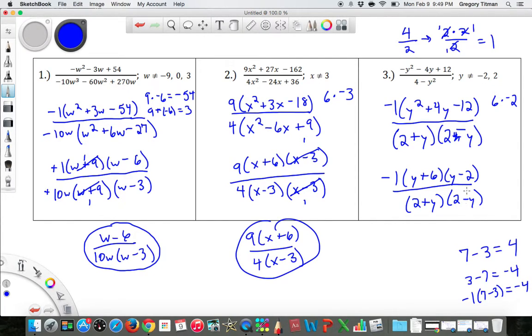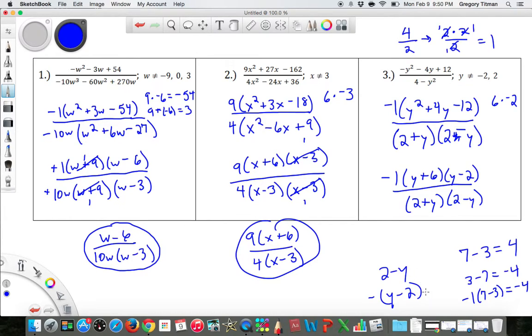All right, so what that means is up here, I know that 2 minus y, if y was 1, this would equal +1. So that's the same thing as y minus 2, but we would have to negate it, right? So 1 minus 2 would be -1. If we have the negative out front, we get +1.